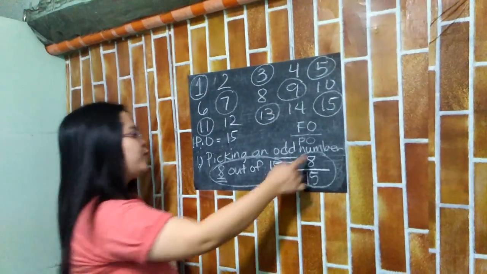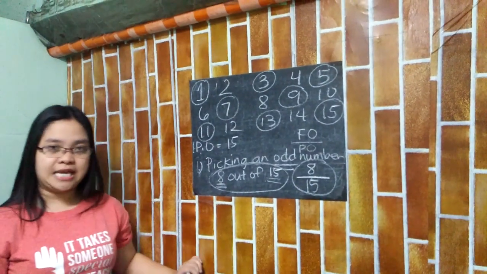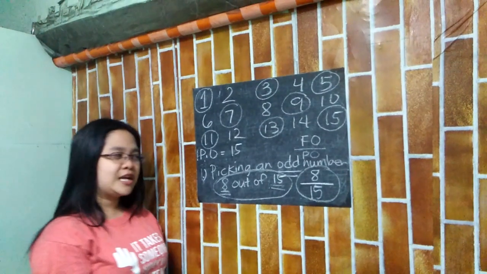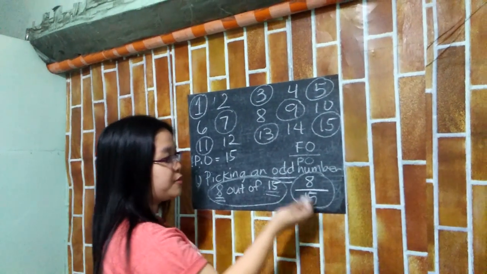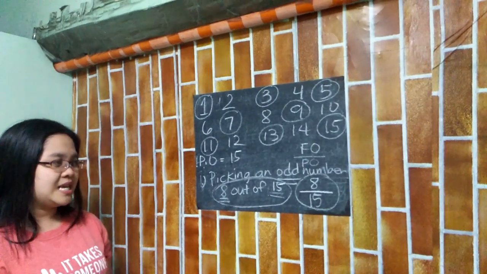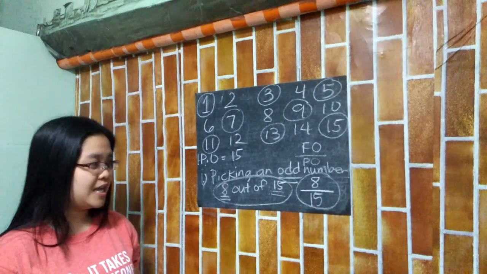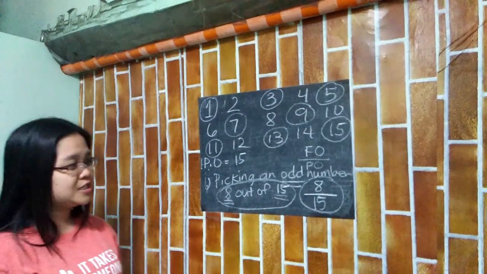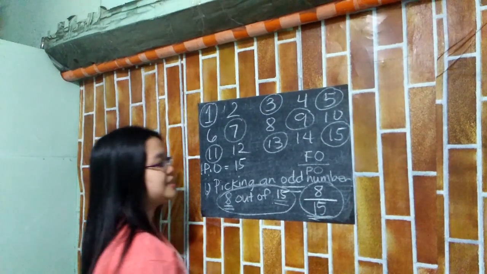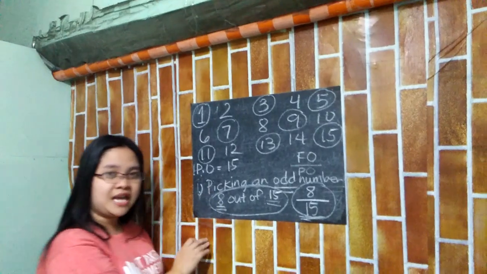Now, can we lowest term 8 over 15? Remember on our previous quarters, I discussed with you how to get the lowest term of the fraction. You have to get its GCF. But do they have a common factor? 8 and 15? None. Okay, they are not divisible in one number. So therefore, this 8 over 15 is the probability of picking an odd number. Did you get it?